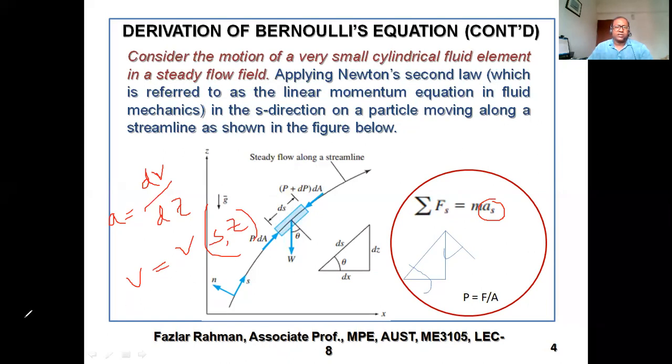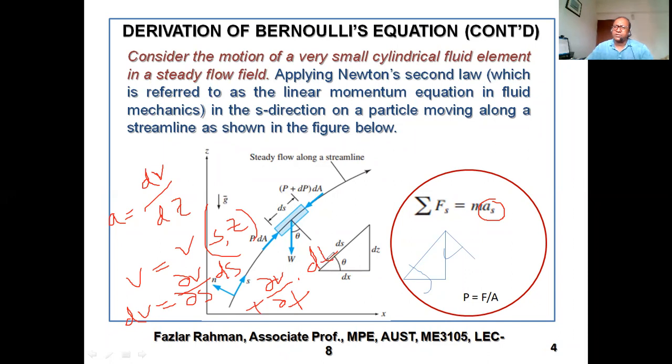Now that means we can figure out dv. dv equals how much? We can say dv by ds into ds plus dv by dt into dt.